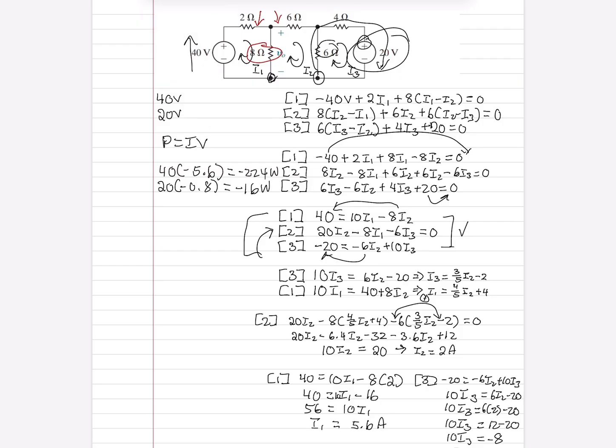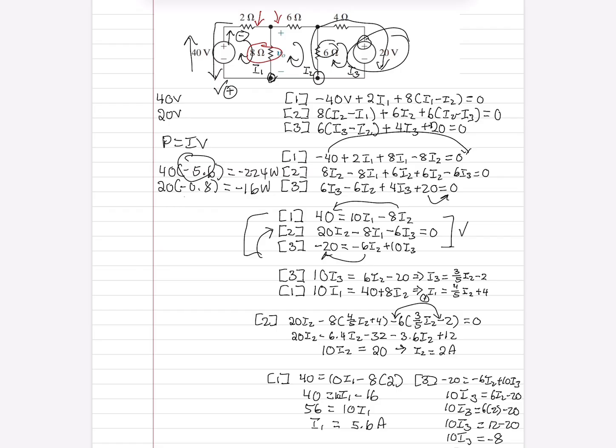Usually positive current goes into the positive terminal and leaves the negative terminal. So if it goes in this way, it's going to be positive. But if it leaves from the positive terminal, then we deduce that the current is negative. That's why I negated it over here.